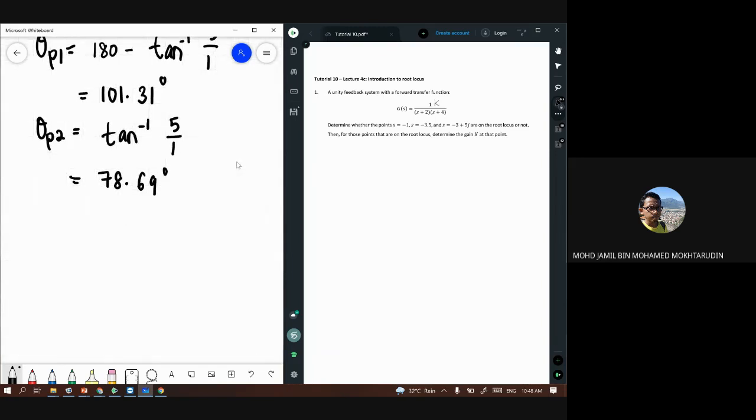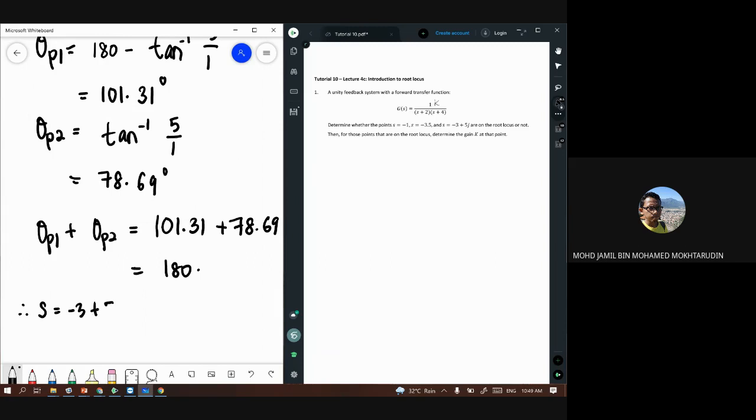Then we sum all the angles, we get 180. So the point s equals minus 3 plus 5j is on the root locus.